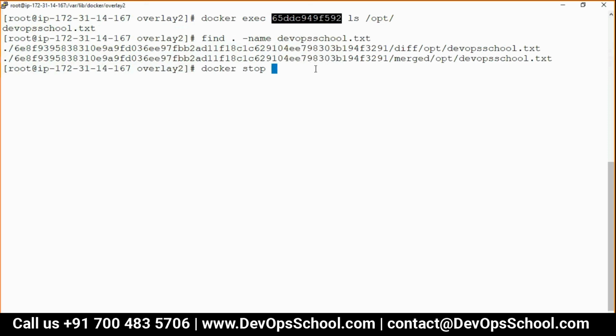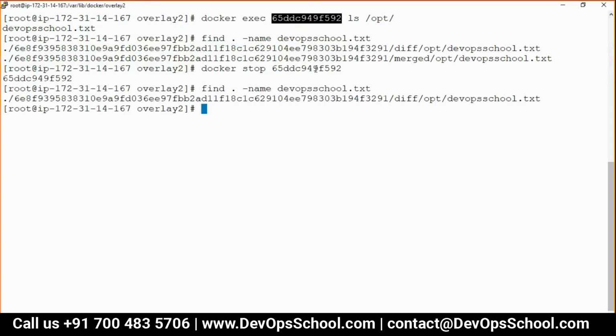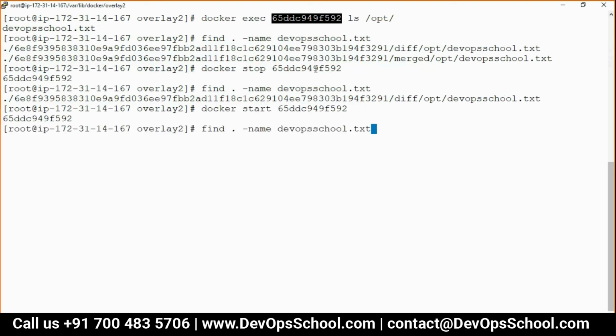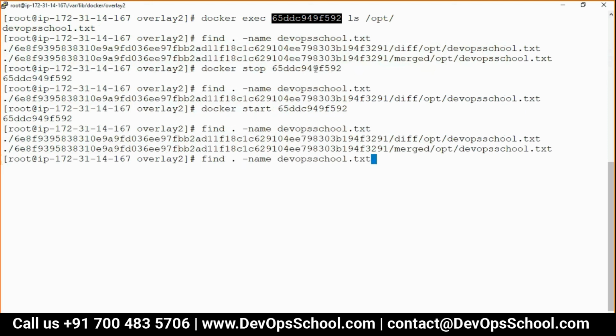So I'm stopping the container. Look at this, guys. Find the file. One. Just see the behavior. Start the container. Find the file. Two. Stop the container.